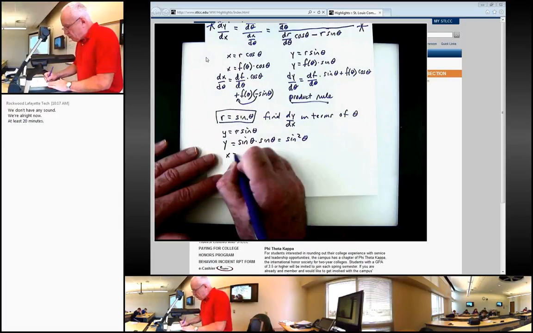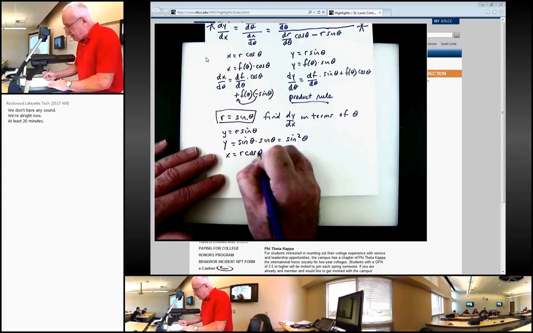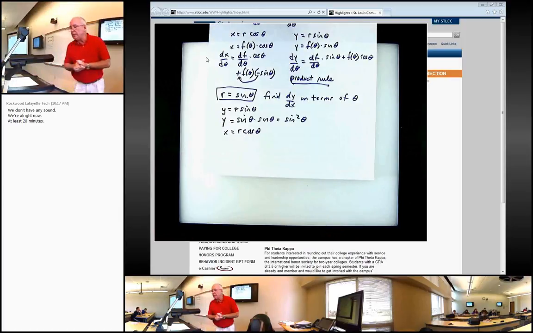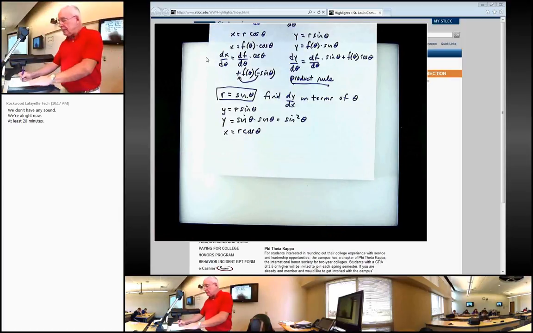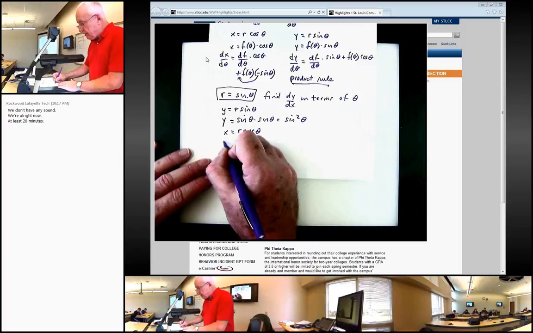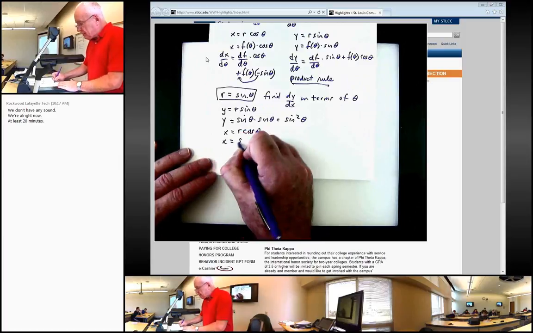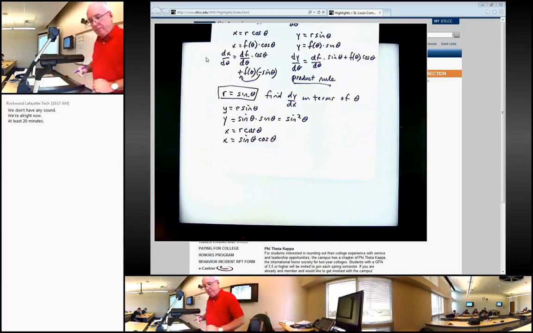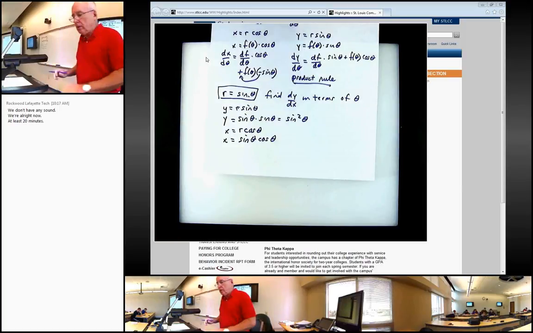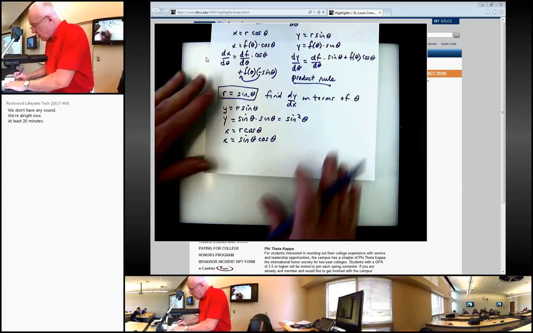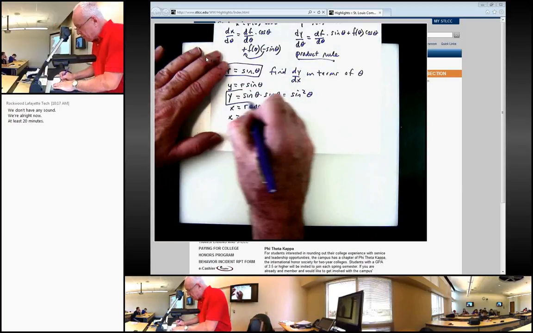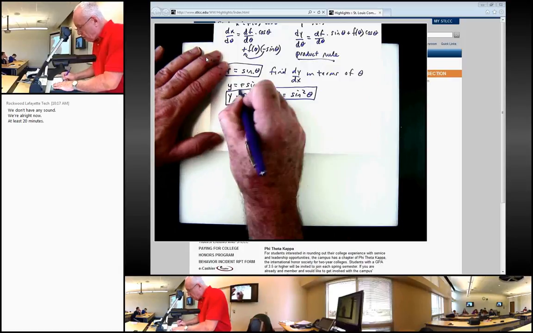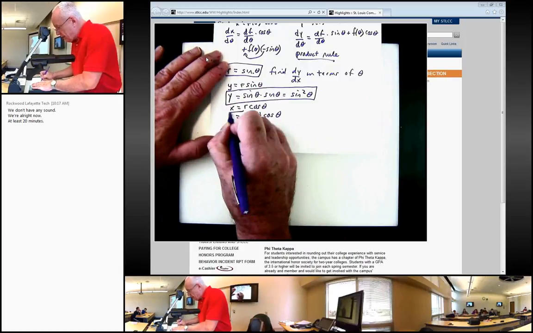x is equal to r times the cosine of theta. That's our identity. Now I'm going to replace the r by what our curve is. So x is equal to sine of theta times the cosine of theta. All right? So let me put boxes around these two for y and for x.